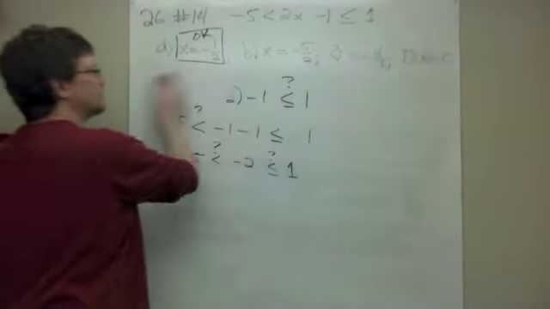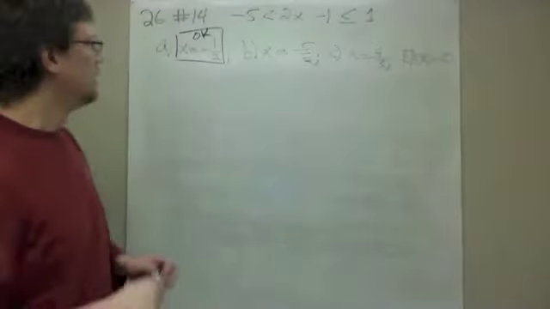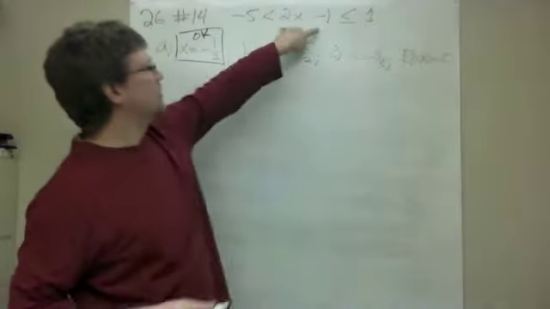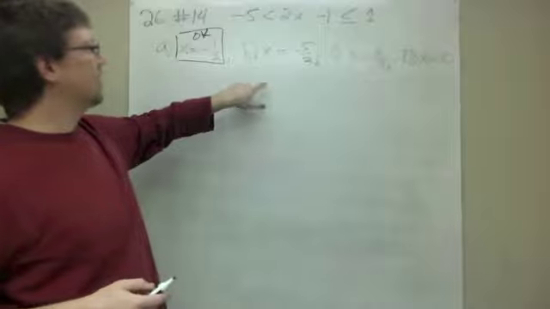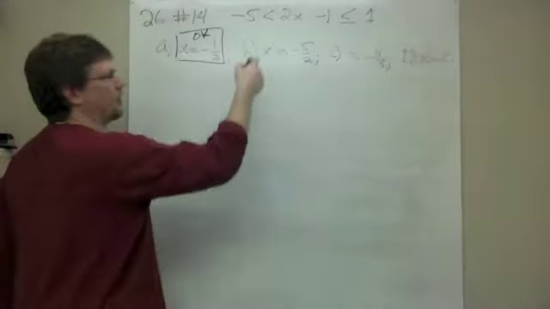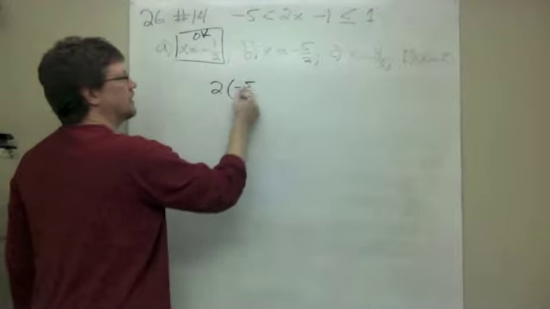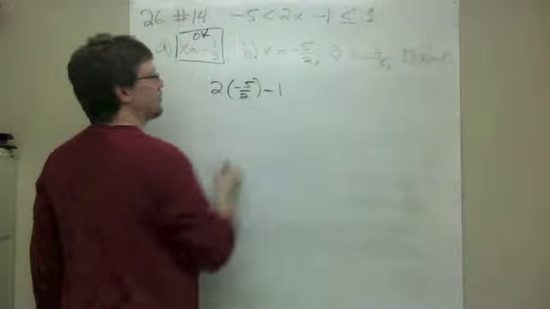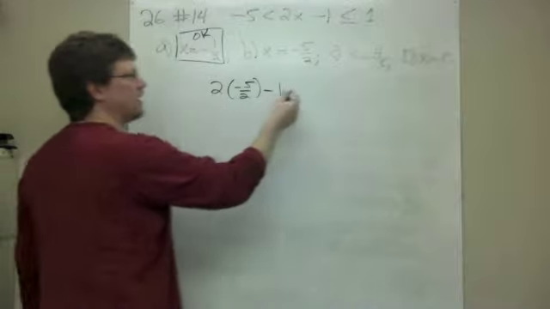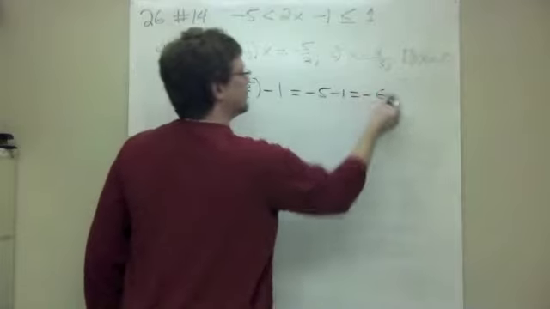Now the next one, we're asked to check x is equal to negative 5 halves. We play the same game. I'm just going to do the math outside of the inequalities and see if it works when I plug it in later. 2 times negative 5 halves minus 1. 2 times negative 5 halves is negative 5, minus 1, which is equal to negative 6.